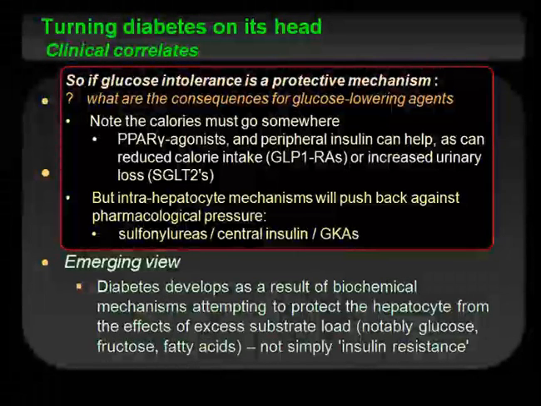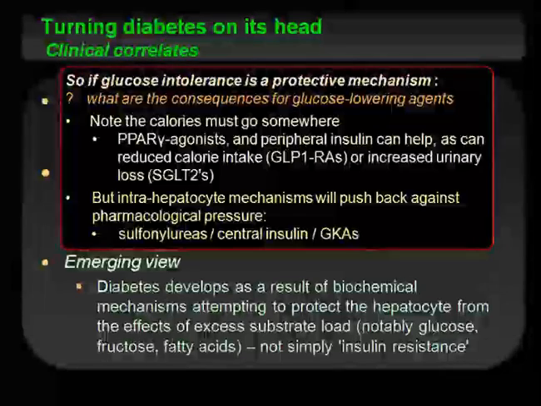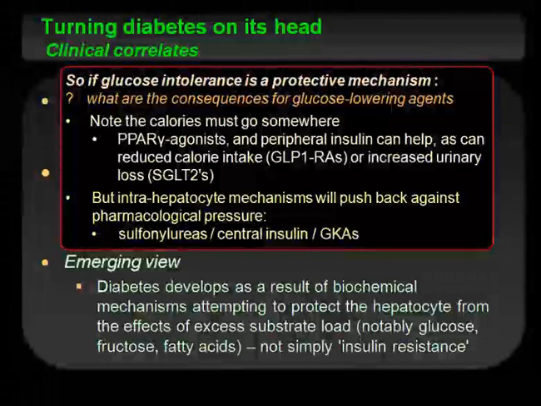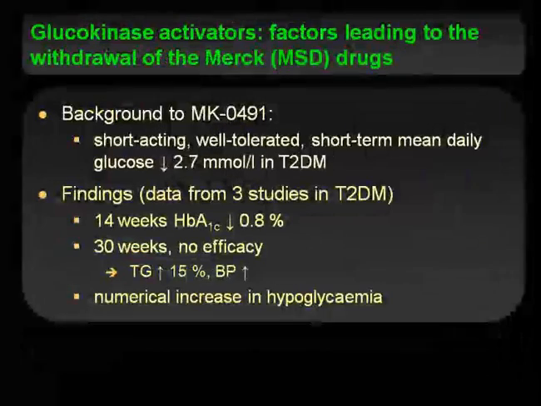But if we attack the problem the other way, say with sulfonylureas to increase endogenous insulin secretion, or we give a centrally acting insulin, hepatospecific insulin, or we use glucokinase activators, then the liver will actually push back against those drugs and limit their effectiveness.